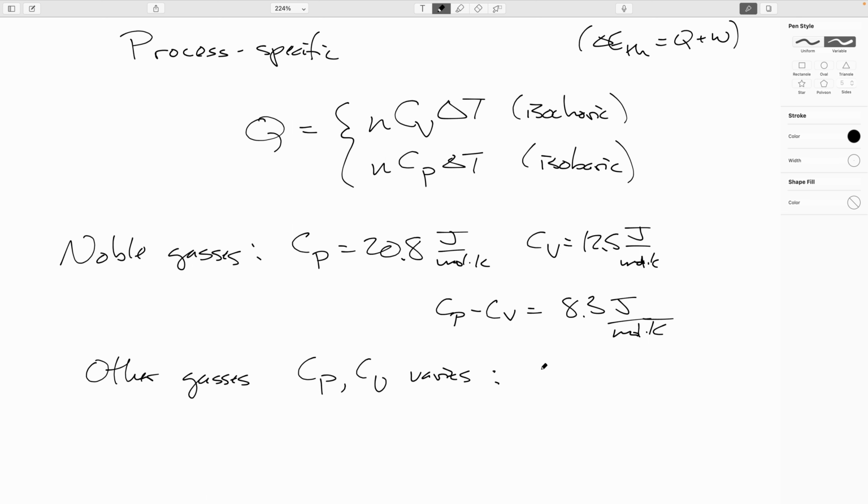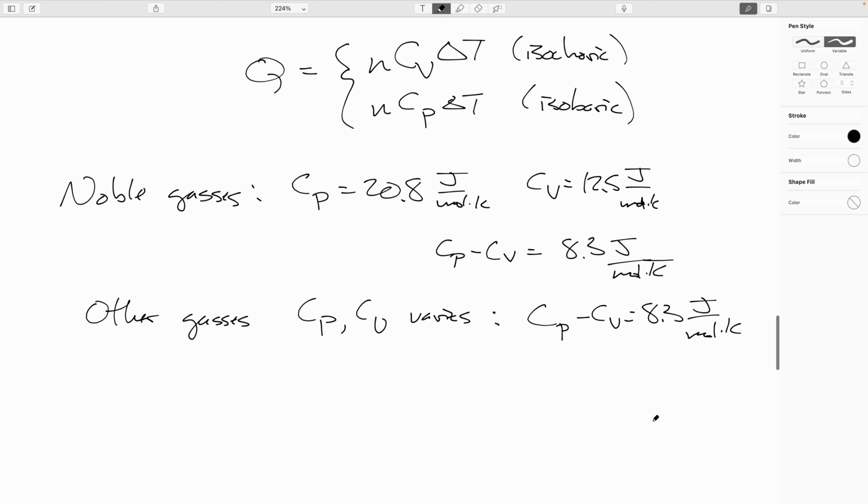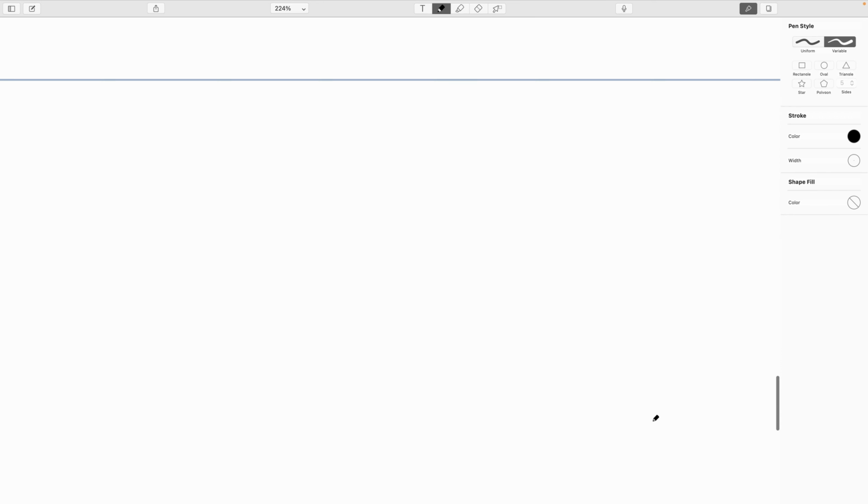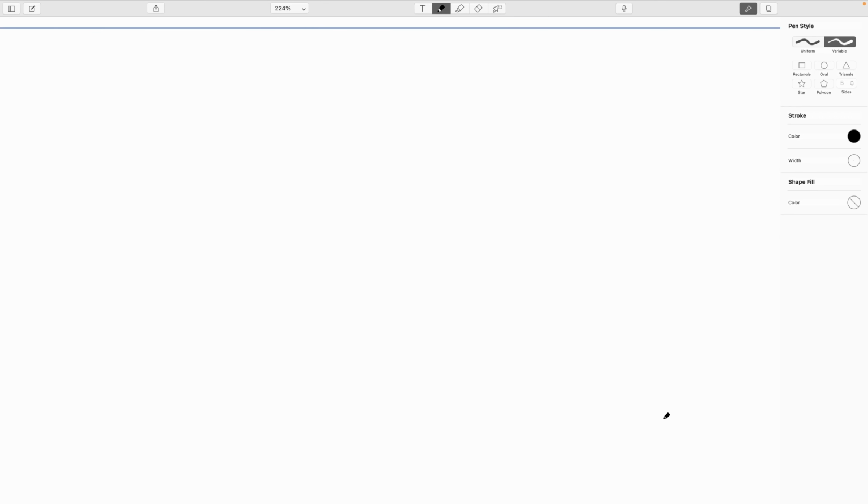But it'll still be true that C_P minus C_V is 8.3 joules per mole Kelvin. So that seems interesting, and it seems worth taking a look at why that could be. So we'll start by looking at an isochoric process.